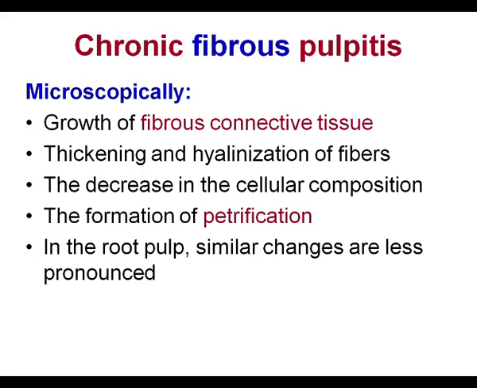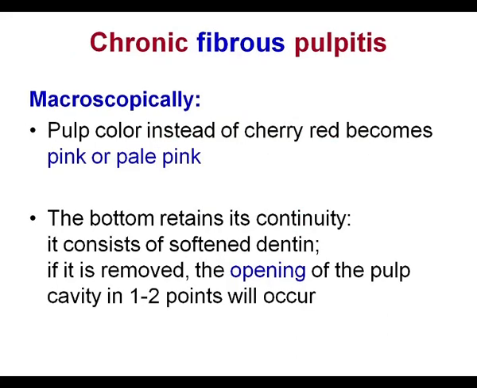Microscopically, in chronic fibrous pulpitis, there is growth of fibrous connective tissue, thickening and hyalinization of fibers, a decrease in the cellular composition, formation of petrifications, and in the root pulp, similar changes are less pronounced than in the crown pulp.